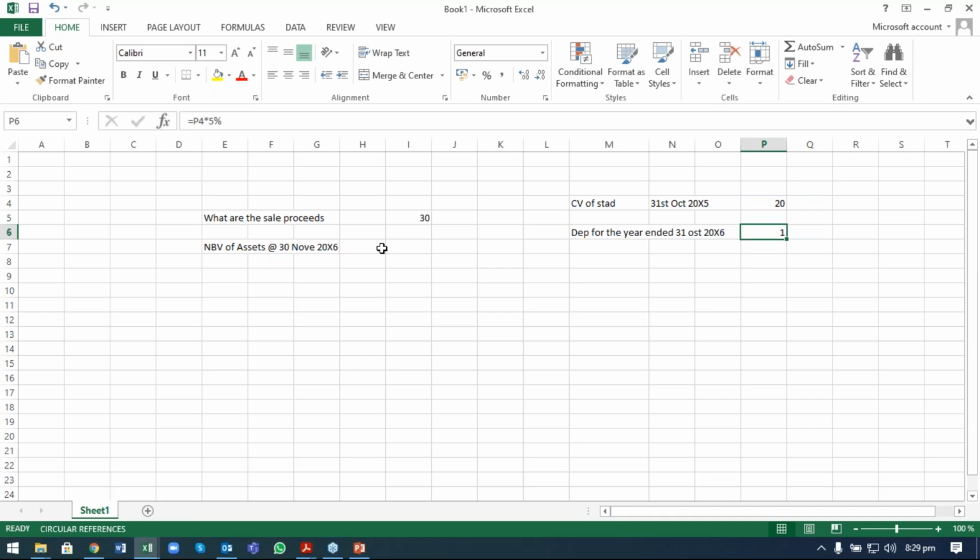So if this is the depreciation, what would be the net book value or carrying value of the stadium on 31st October 20x6? That value would be 19 million, I believe. Sorry, minus, I need to minus it, right?